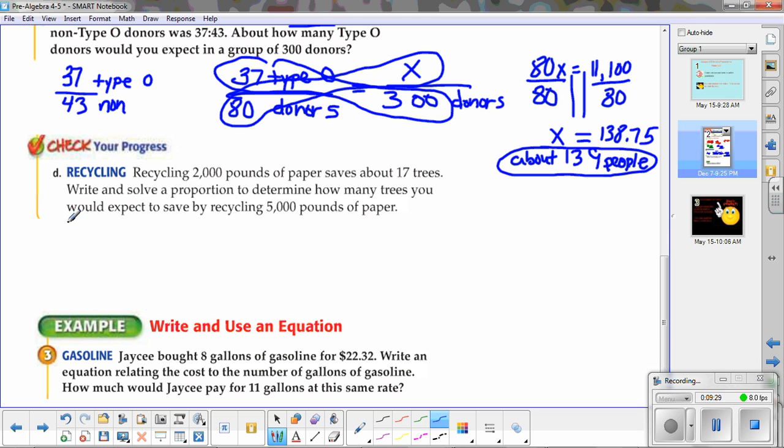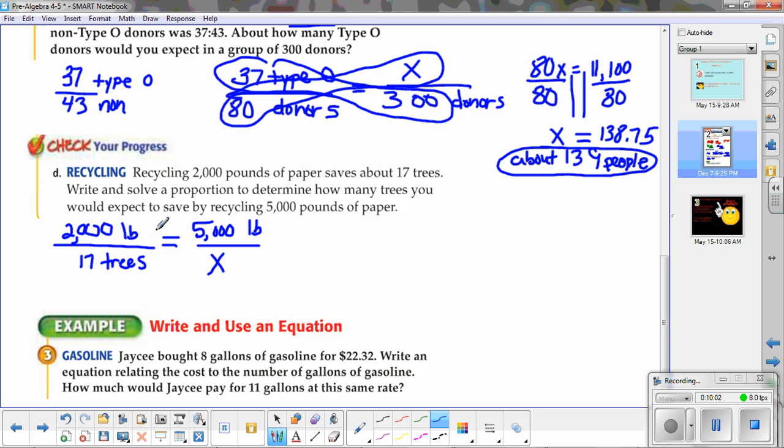Well, 2,000 pounds of paper saves 17 trees. Now we want to know how many trees. So we don't know the trees, so I'm going to put an x in the bottom for 5,000 pounds of paper. So I'm going to put 5,000 on the top across from the 2,000 pounds.